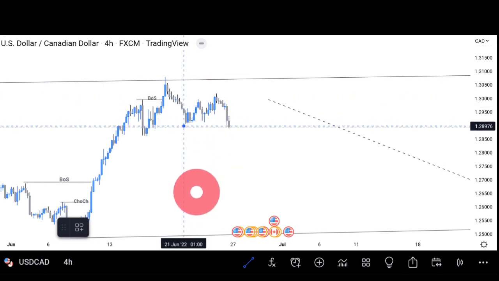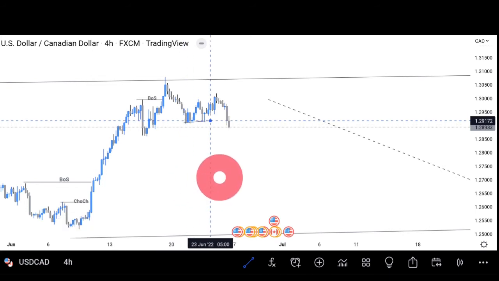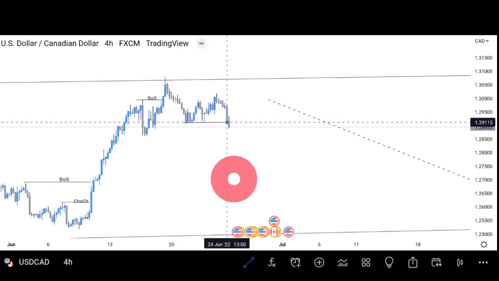Instead, it changed character here. The market created a new lower low.